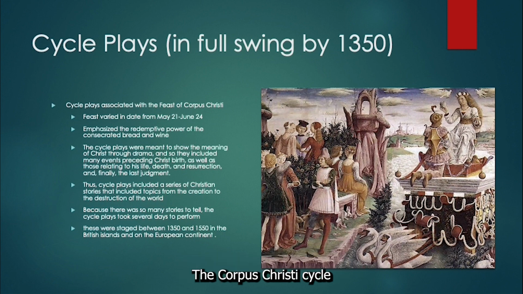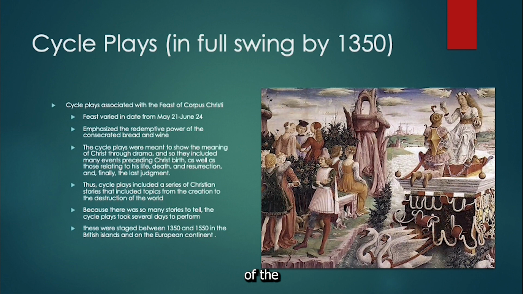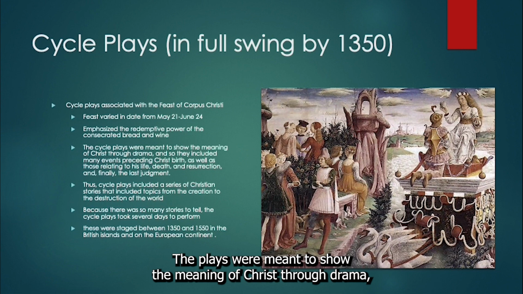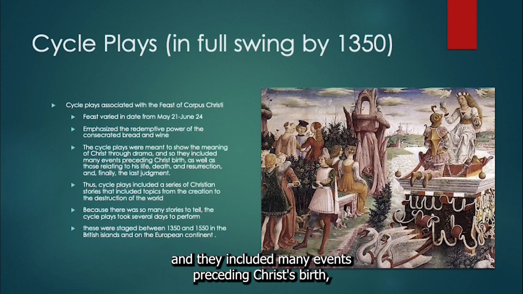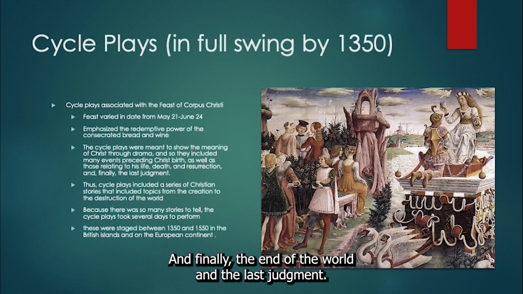The Corpus Christi cycle emphasized the redemptive power of the consecrated bread and wine of the Catholic Church, of the Eucharist ritual. The plays were meant to show the meaning of Christ through drama, and they included many events preceding Christ's birth, as well as those relating to his life, death, and resurrection, and finally the end of the world and the Last Judgment.